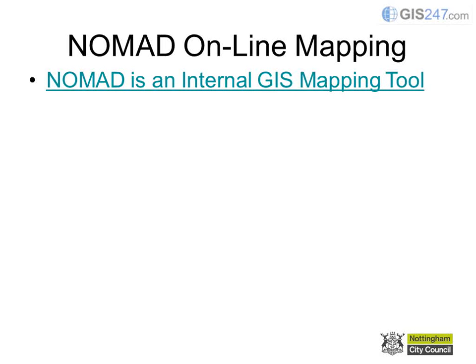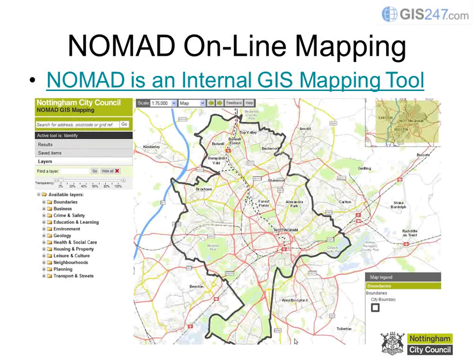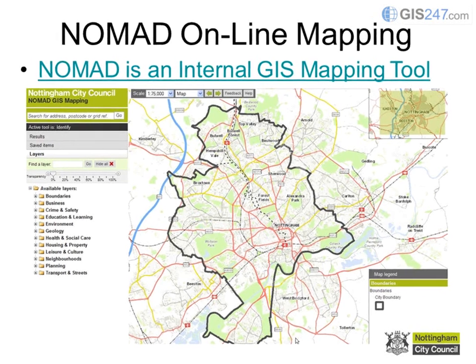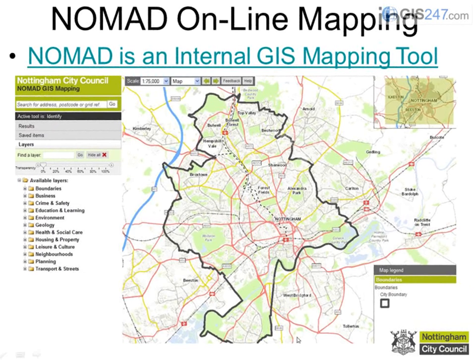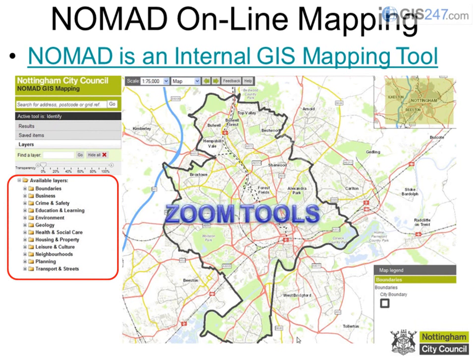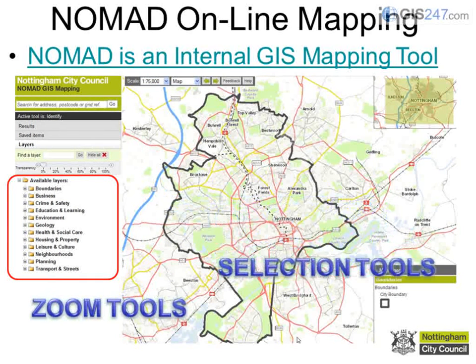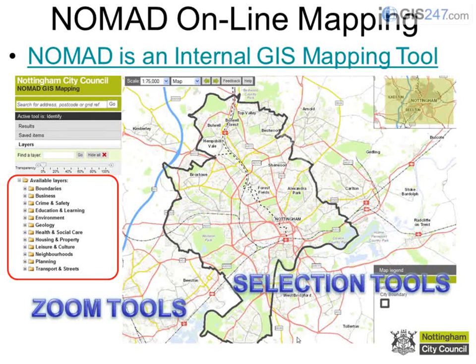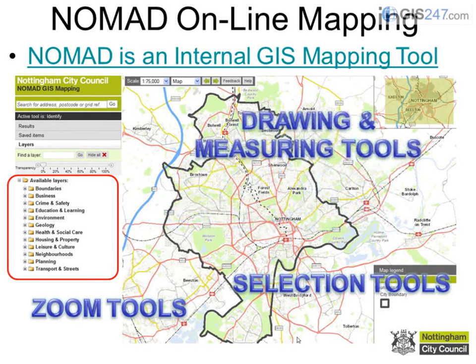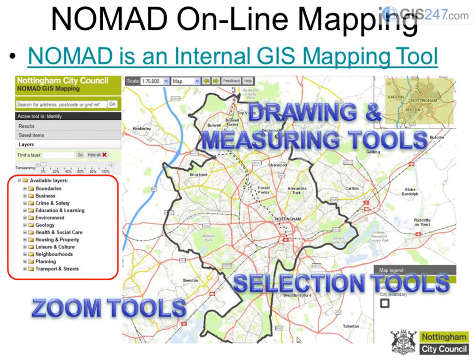Once the Nomad online mapping application has opened, it gives all Nottingham City Council employees access to a vast amount of data layers which are available through the site. These are categorised into themes. The site has a number of tools: zoom tools for navigating around a site, selection tools for carrying out selection queries, for example how many schools within a ward, drawing and measuring tools to add in polygons and points and annotation to the map.